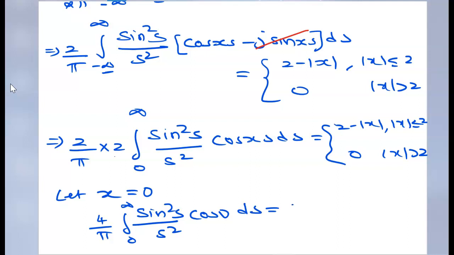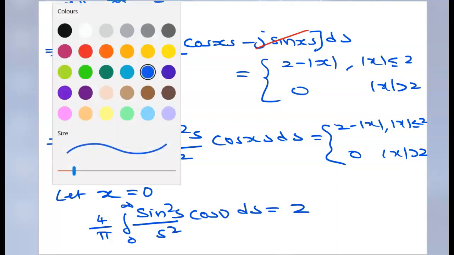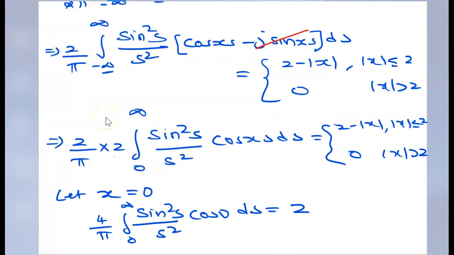So when I substitute x equal to 0, I get 2. You all know the cos 0 value is 1. And this 4 by pi, when taken past the equal to, becomes upside down: it is pi by 4, right?